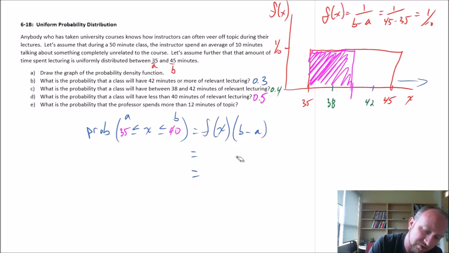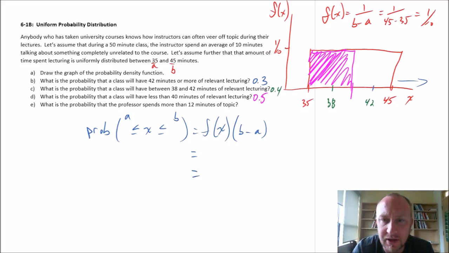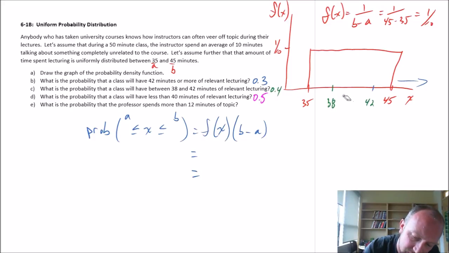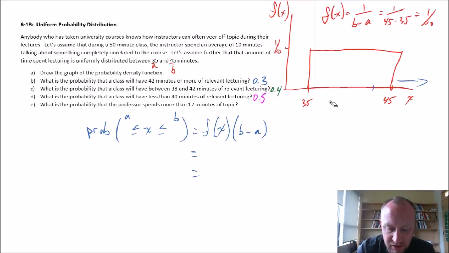So if we have 12 minutes off topic, then out of that 50-minute class, it means we have 38 minutes on topic. And here we're looking at more than 12 minutes off topic, so that means 38 minutes or less of relevant lecturing.